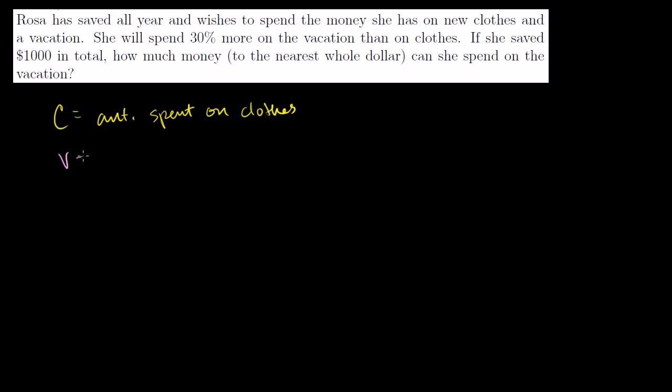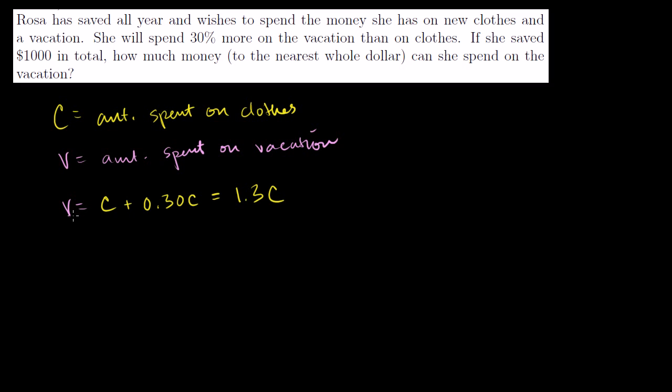So let's say V is equal to the amount spent on vacation. Well, they just told us that the vacation, she's going to spend 30% more than on the clothes. So the vacation is going to be equal to the amount she spends on the clothes plus 30% of the amount she spends on the clothes. And this is the same thing as 1.3 times the amount she spends on the clothes.